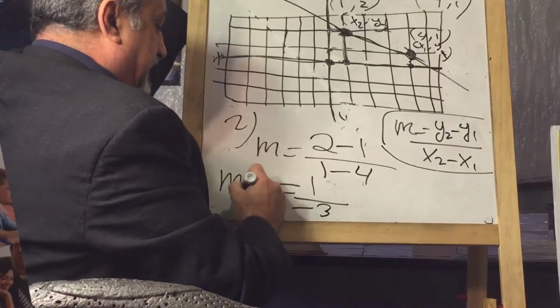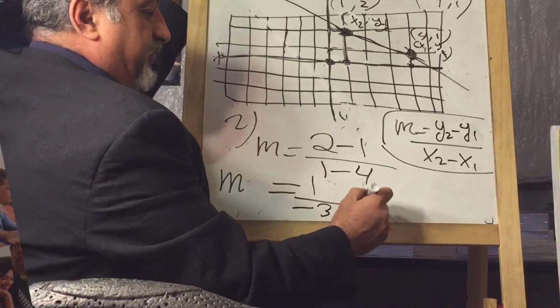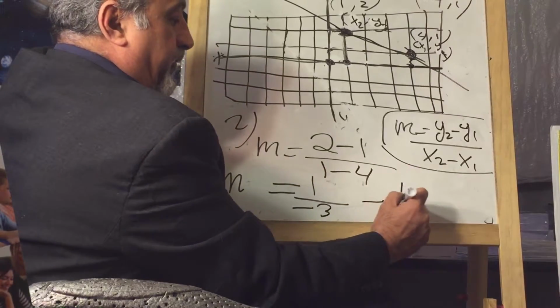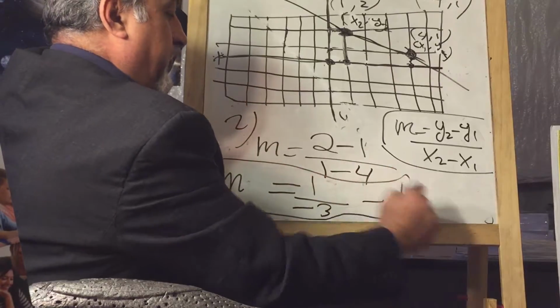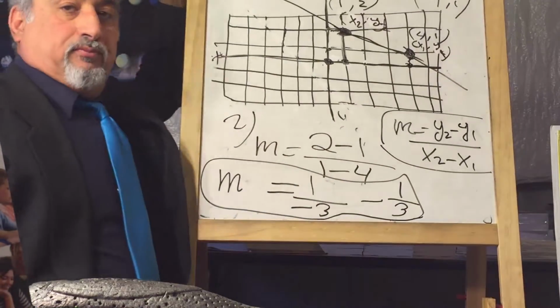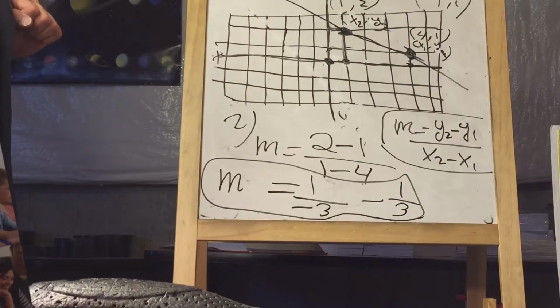So m is 1 over negative 3, or negative one third. And this is your m. That's it for this type of slope question.